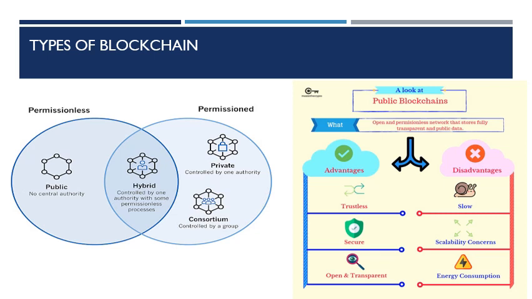All the computers in the network hold a copy of the other nodes or blocks present in the network. In this public blockchain, we can also perform verification of transactions or records.